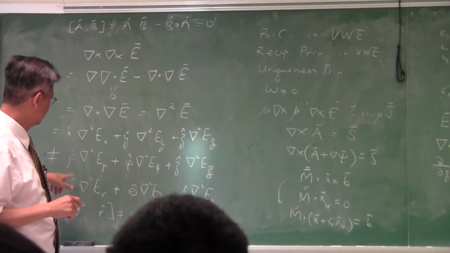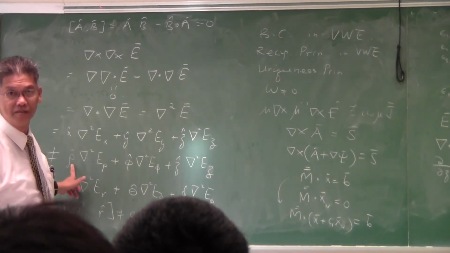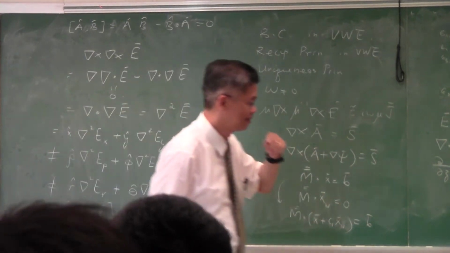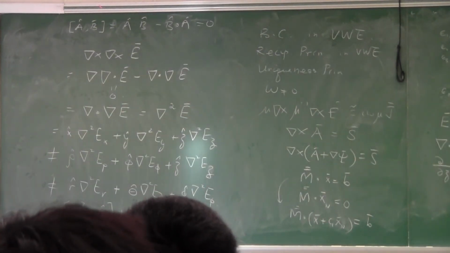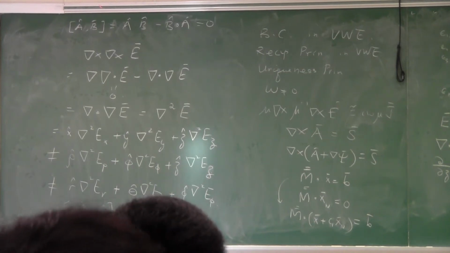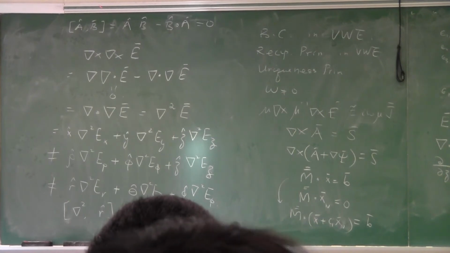This is the notion that the Laplacian operator and the rho hat function do not commute. And so, another way of saying this is we cannot take this outside because these two things do not commute. As a mathematical notion.